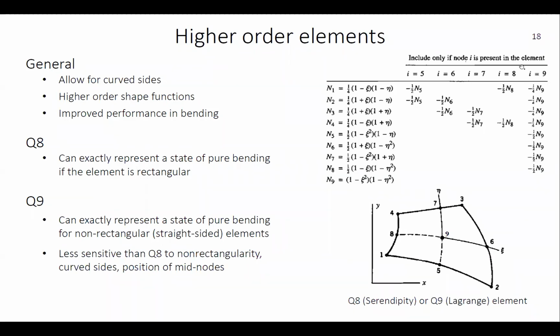This table is also taken from the book illustrating the shape functions for the Q8 or Q9, or you can have a mixed formulation with other numbers of nodes as well.